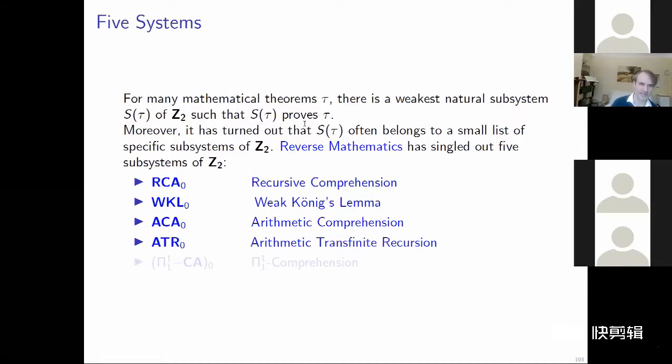And then there is another system which is called arithmetic transfinite recursion. And usually the classification systems stop at Pi 1 1 comprehension. So in Pi 1 1 comprehension, we can say that the collection of all n satisfying Pn is a set if Pn is a formula which starts with a universal set quantifier followed by something that is arithmetic. Okay.